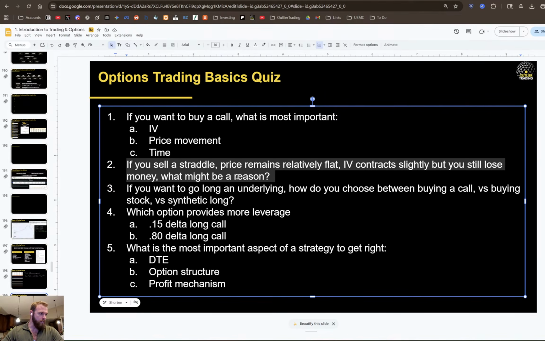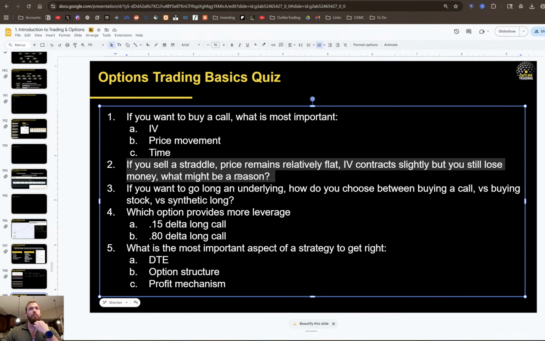Black Mamba says the probability of profit is more important than high IV to determine if premium is worth it. I would fully disagree. I don't think the probability of profit actually matters effectively much at all. And it's because the probability of profit is looking at a bit of a different scenario.